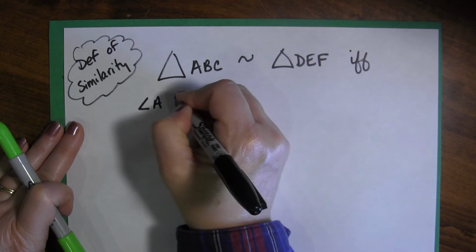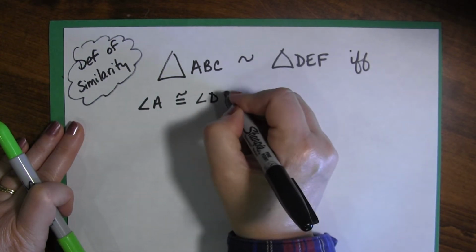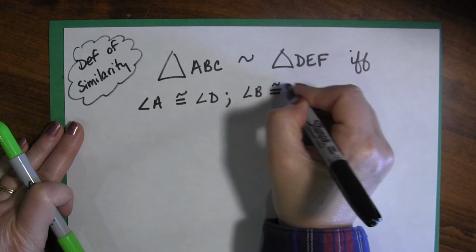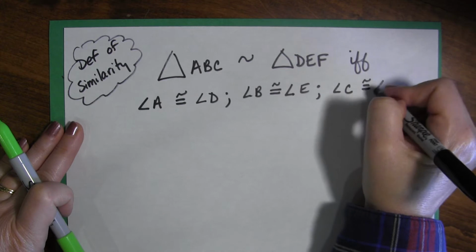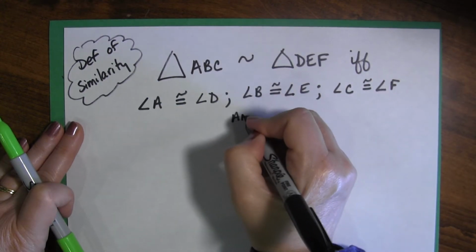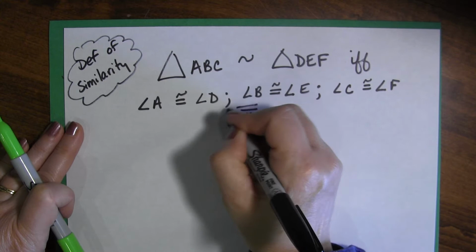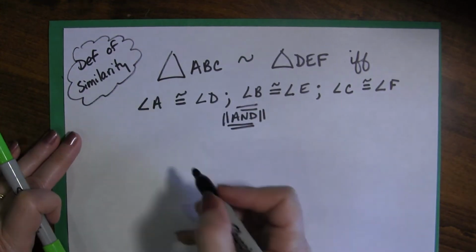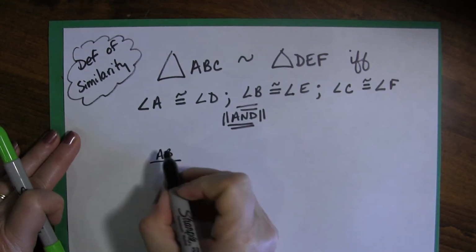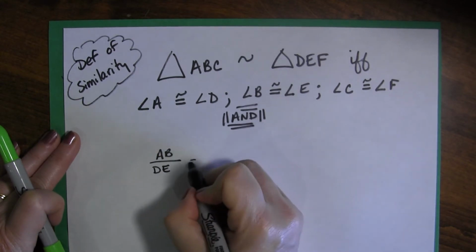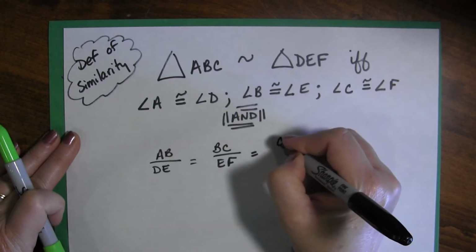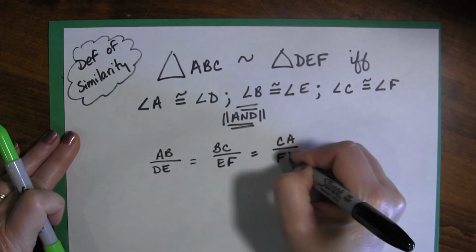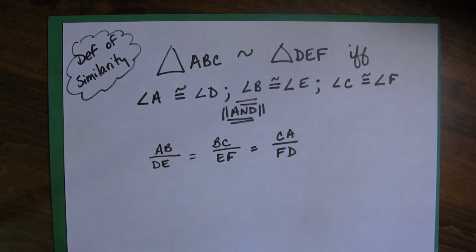Angle A is congruent to angle D. Angle B is congruent to angle E. Angle C is congruent to angle F. And that's an important part, we have AB over DE equals BC over EF equals CA over FD. Now I know that's a lot of letters.